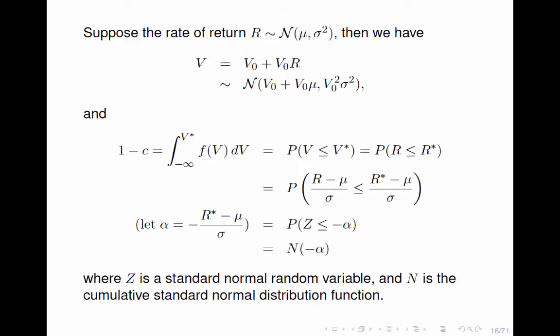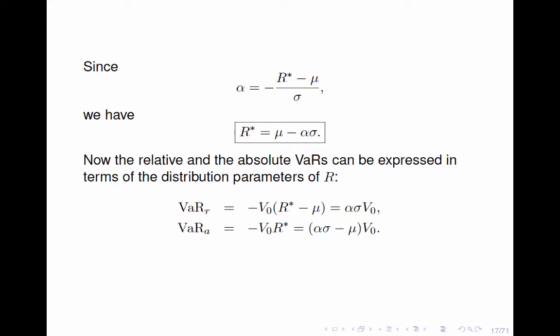Alternatively, this value is also equal to the cumulative standard normal distribution function evaluated at minus alpha. With alpha being minus R star minus mu divided by sigma, we have R star equals mu minus alpha times sigma. Now, the relative and the absolute VARs can be expressed in terms of the distribution parameters of R as follows.